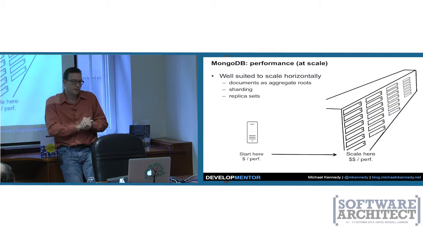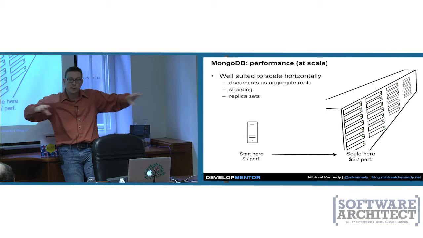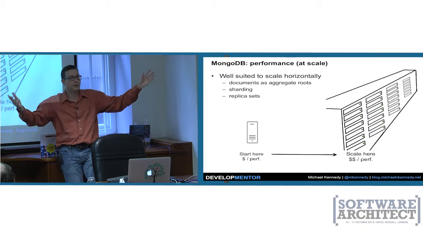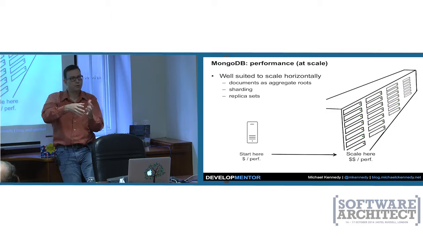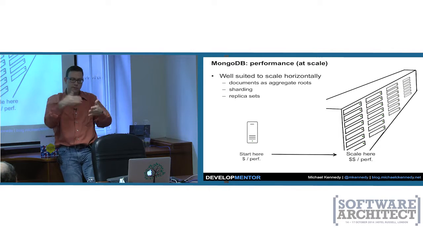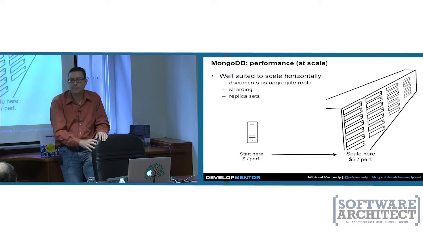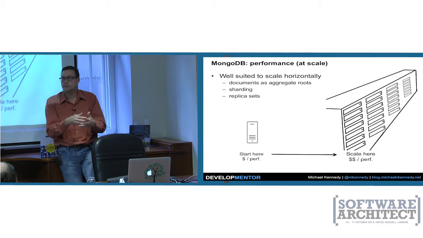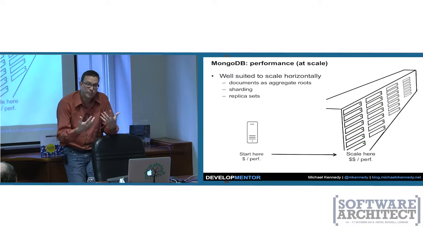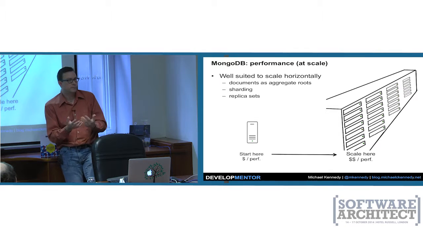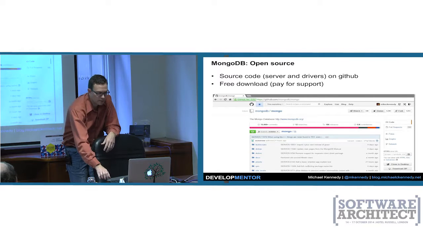You can put 10 or 20 or 100 of these servers in there, and there's one that is the broker of this cluster, and you just point your app at that, what's called a Mongo S, a shard server. So from an application perspective, you don't care whether you're horizontally scaling. It's purely an infrastructure choice.